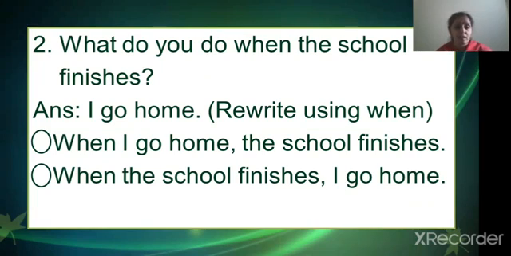So the question here is, what do you do when the school finishes, right? So we'll start the answer with, when the school finishes, I go home. Clear? So the second option is going to be your answer. When the school finishes, I go home. Clear, children? Let's move to the next question.